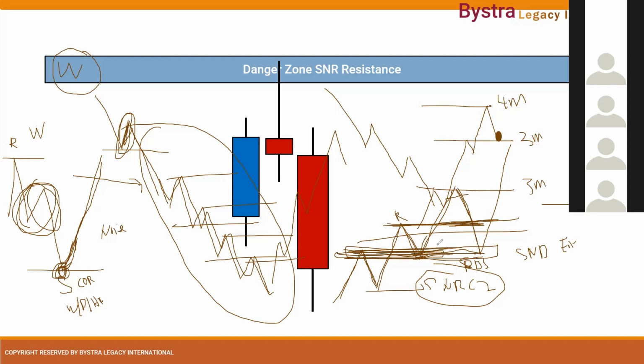For this case, as SNRC2, that's why we must break two resistances. Resistance 1, resistance 2, broke both resistances, then we come back to this R1 as our PO level. Of course, when we want to buy on this SNRC2, what is our reason to buy? How do we know that this price won't go down?